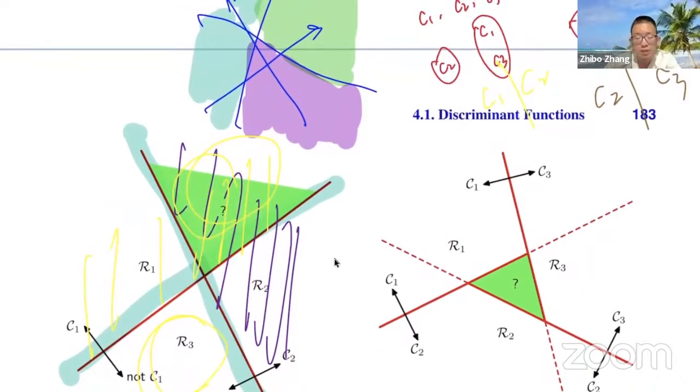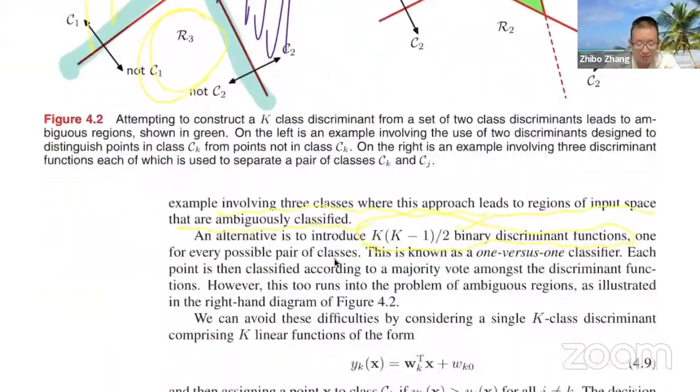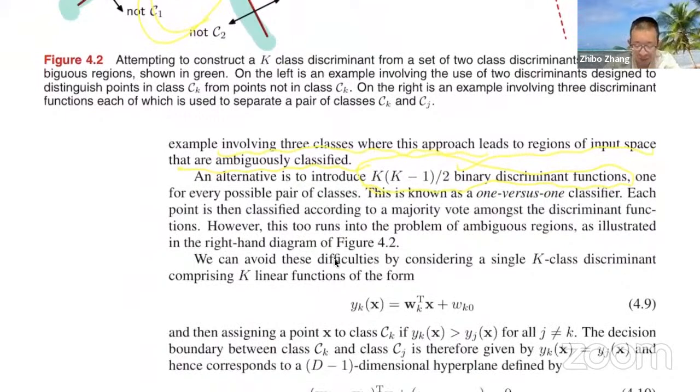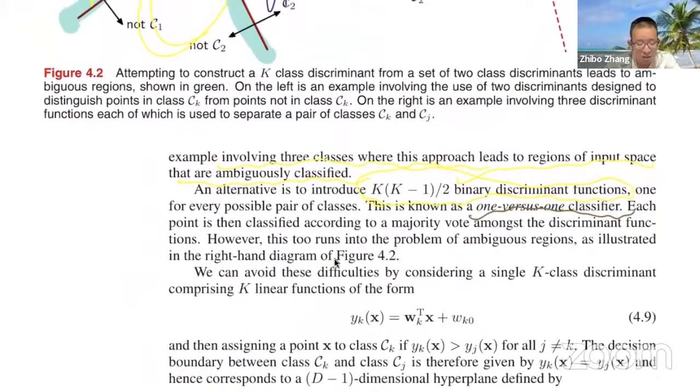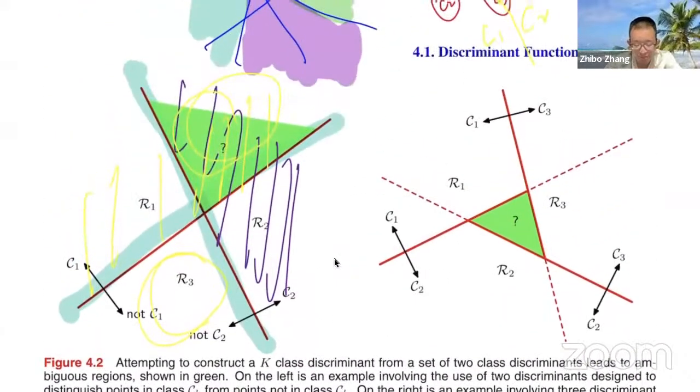It only cares about the two categories it tries to classify, not the rest. This is called a one-versus-one classifier. Each point is then classified according to a majority vote amongst the discriminant functions. However, this too runs into the problem of ambiguous regions, as illustrated on the right-hand side.